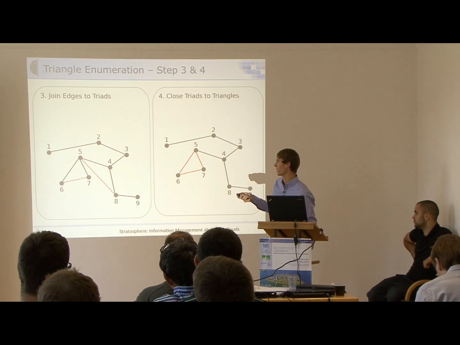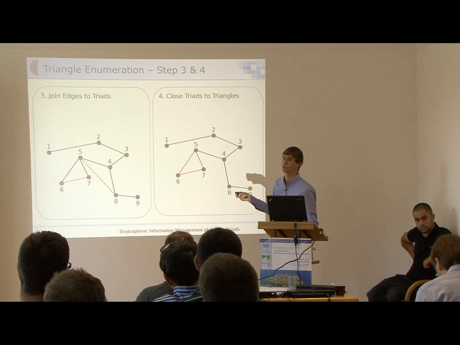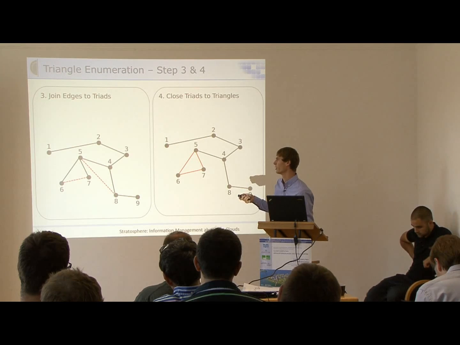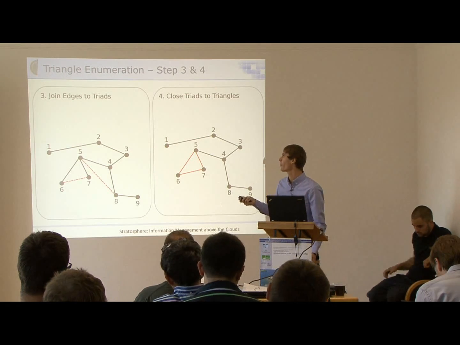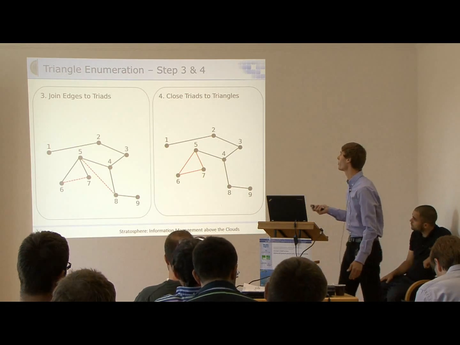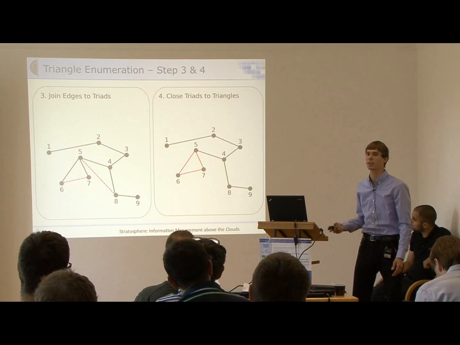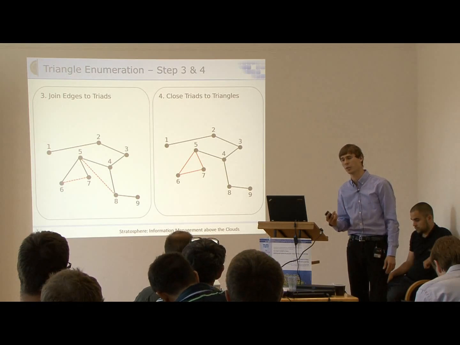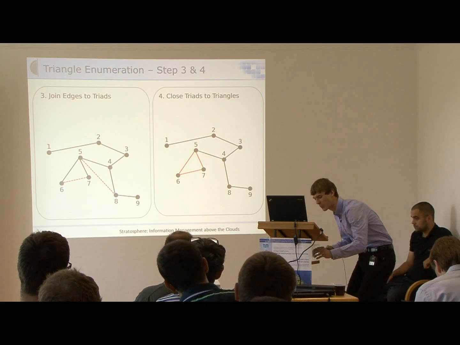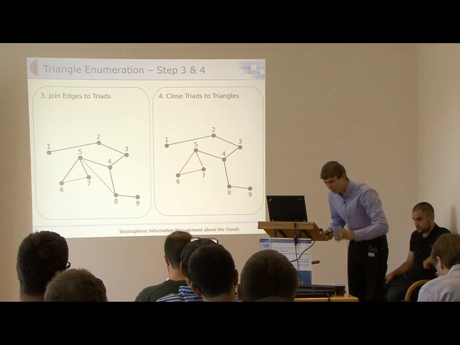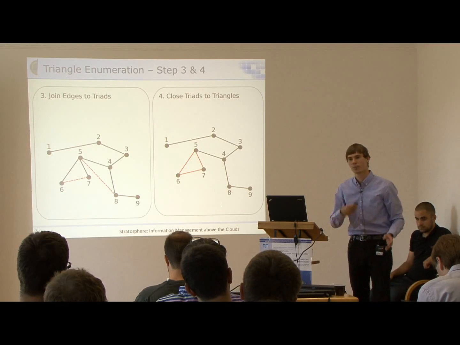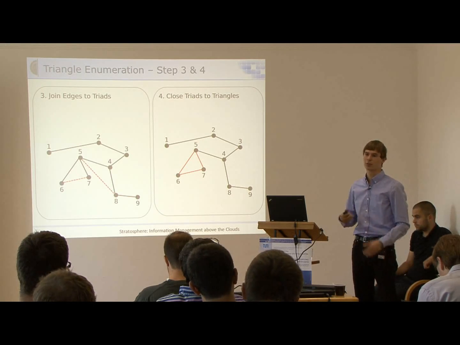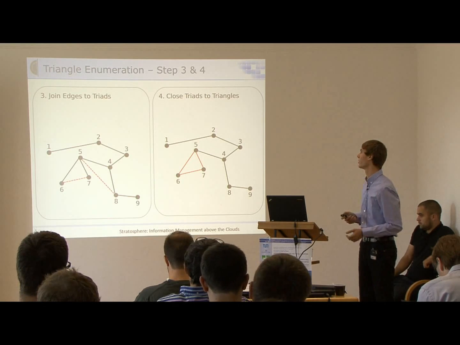These could be connected to something called a triad, which is an open triangle. One edge is still missing. This is what we get from this third step. And the last step is then to find all the missing edges for the triads, so that we close the triad and construct a complete triangle.